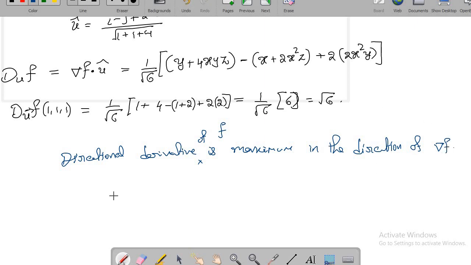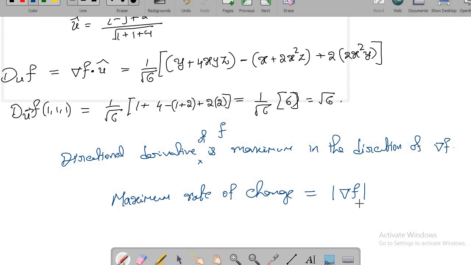And if you want to see what is the maximum rate of change, which is nothing but the absolute value of grad f. So the absolute value of grad f will give you the maximum rate of change, and the direction is nothing but gradient of f. If you want to see the minimum rate of change, you can simply take the negative of that gradient direction.